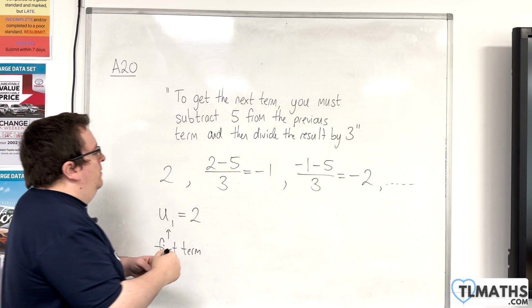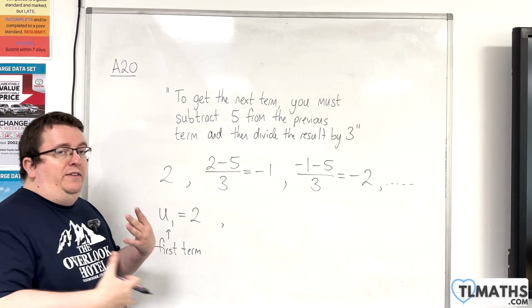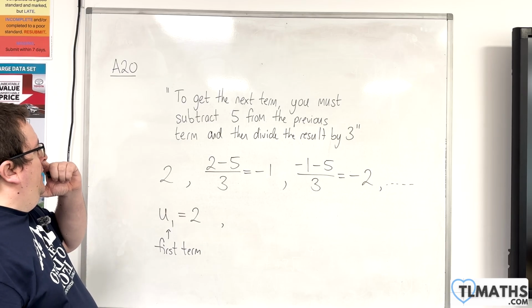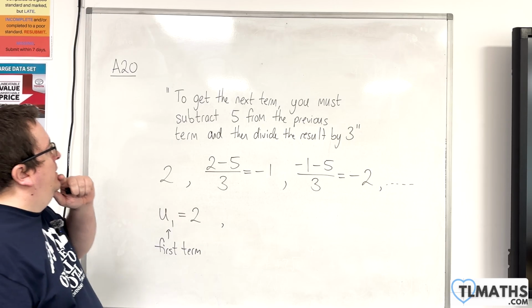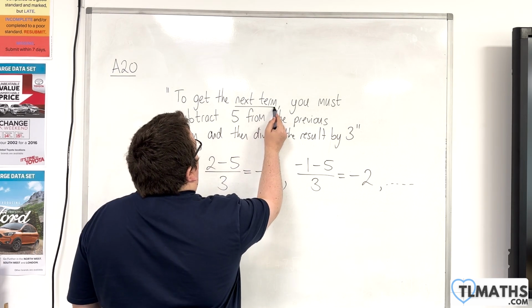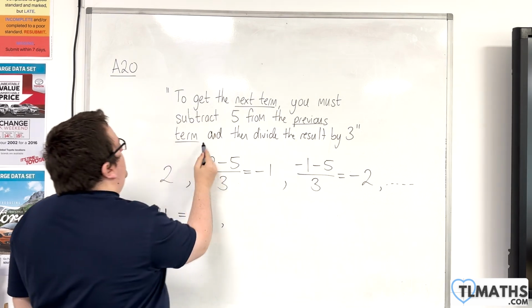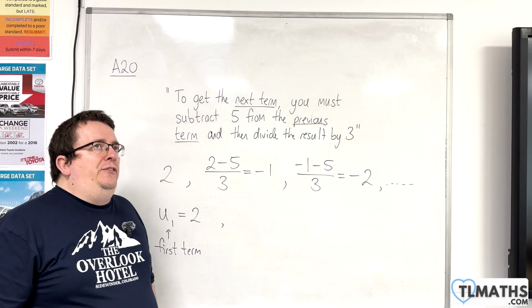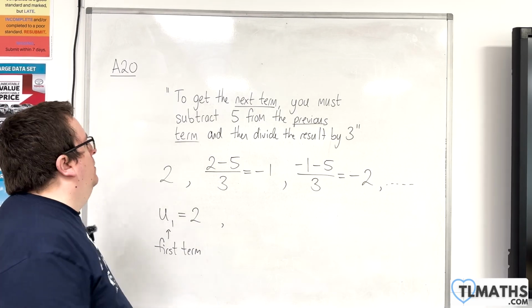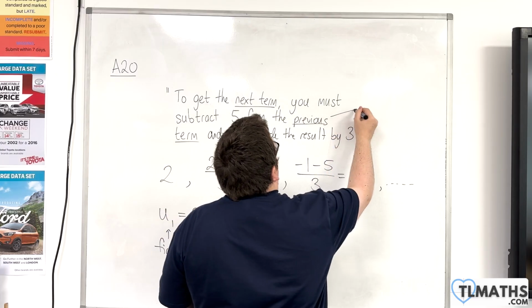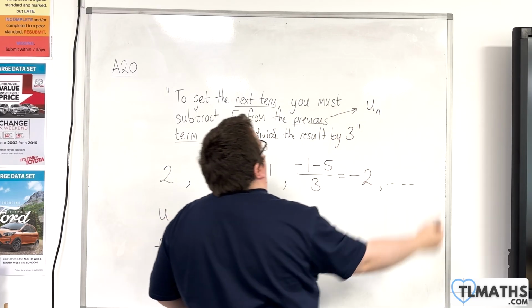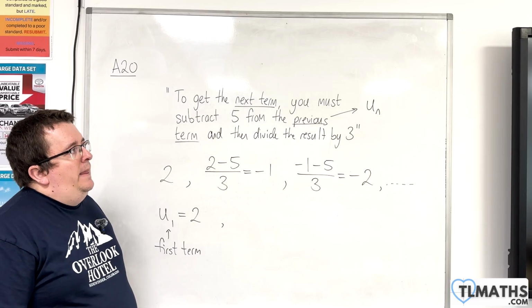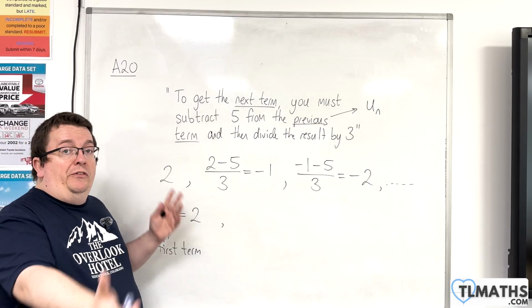So then we need a way of writing down this rule. So essentially we need a way of writing down what we mean by the next term and the previous term, okay? So if we said that the previous term, so let's call the previous term Un. So the reason why we would use that notation is that U obviously is the name of the sequence that I'm using.